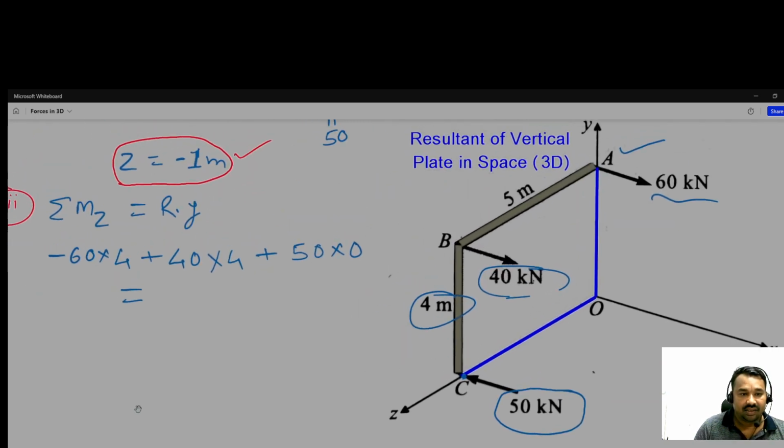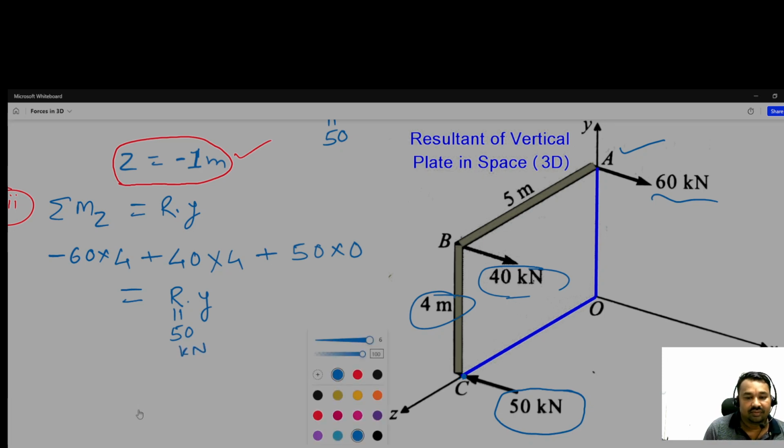And that is equal to R and y, where R we know is 50 kilonewton. By solving this, what do we get?